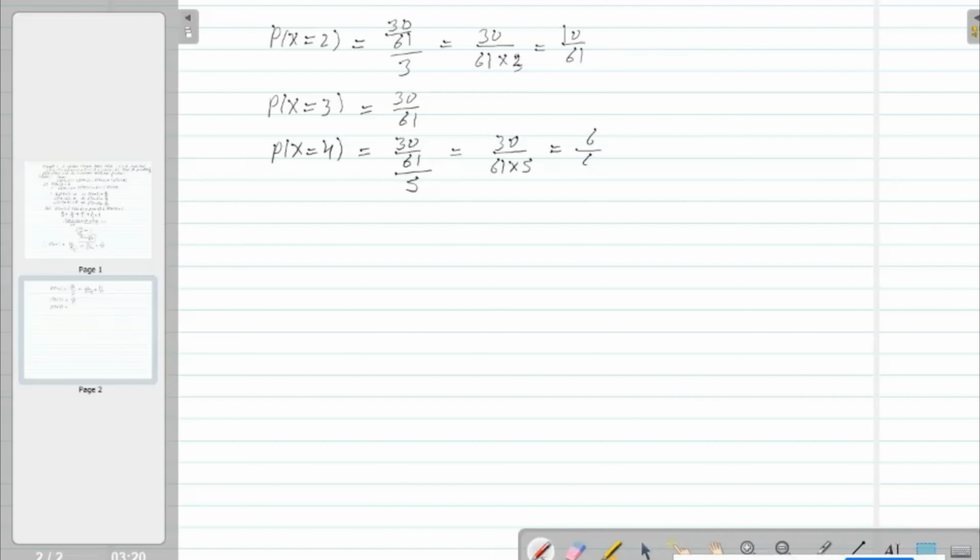Therefore the probability, क्या बोला है आपको फाइंड करने के लिए? Obtain the distribution function.